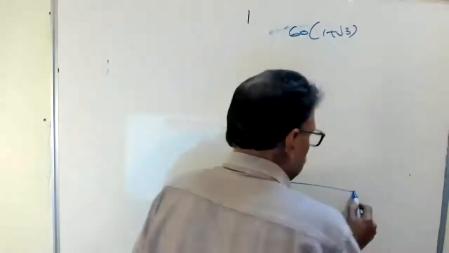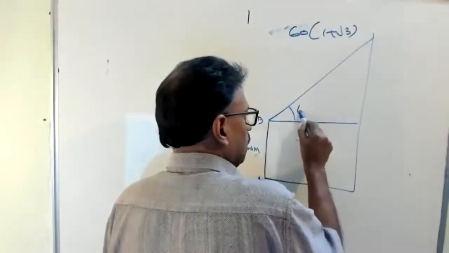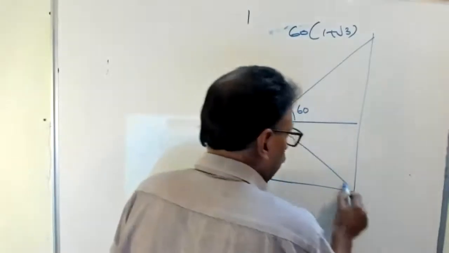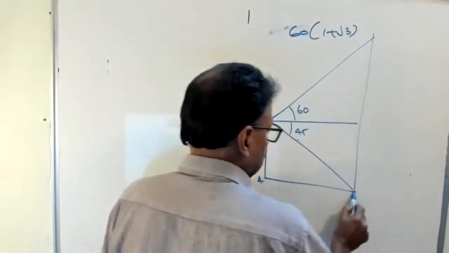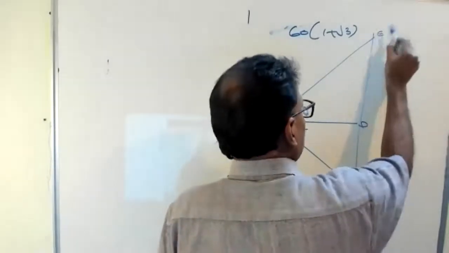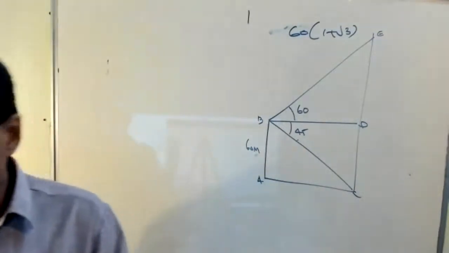This is the opposite house. Angle of elevation is 60 degree. Then looking down, that is 45 degree. A, B, C, D, E. Okay, this is the figure. Everyone got the figure like this? Advait, you got the figure?